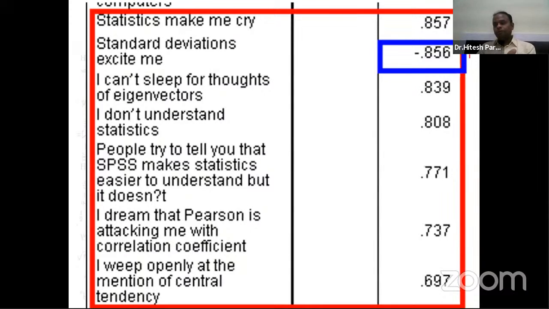So if you feel that the factors are independent of each other, or you wish to utilize them in subsequent analysis as independent variables, then you should use orthogonal rotation. If you think that they are not independent, then you should use oblique rotation. So this should be your criteria.